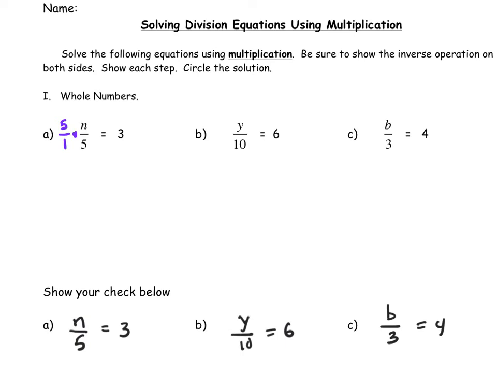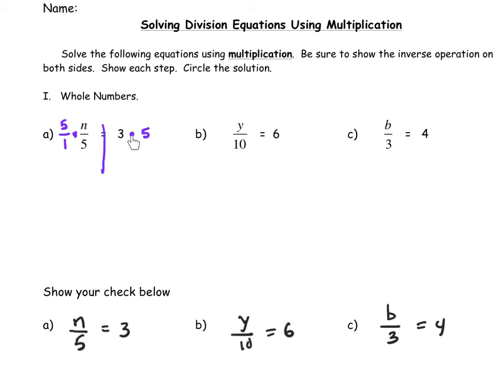I'm multiplying by 5, I'm just writing 5 in fraction form. And because we have to do the same thing on both sides, I could write it as 5 over 1, but since this 3 is a whole number, I'd rather use 5 as a whole number. So let's just clarify that 5 over 1 is the same thing as 5. Same meaning in math, just a different way to express it.